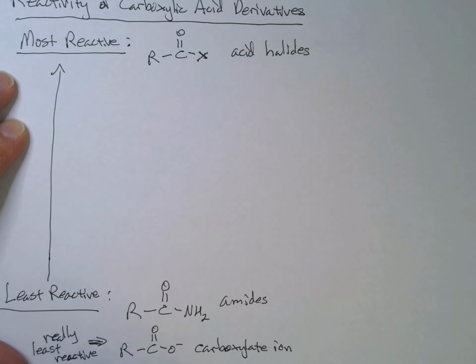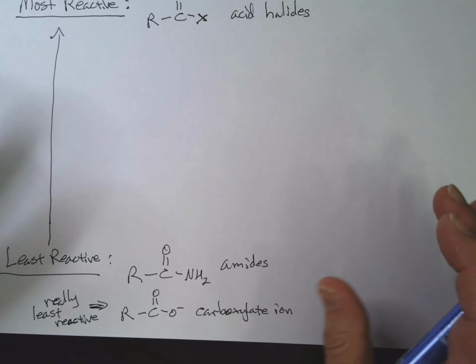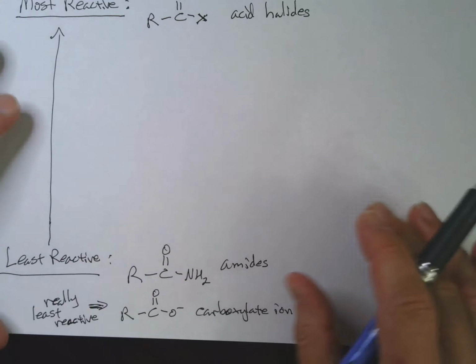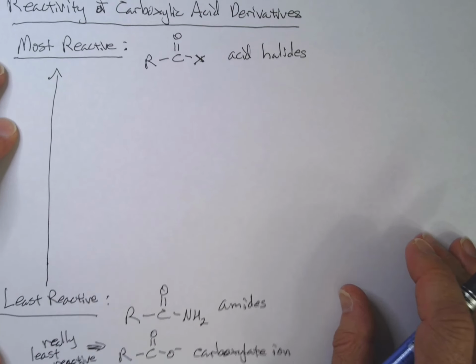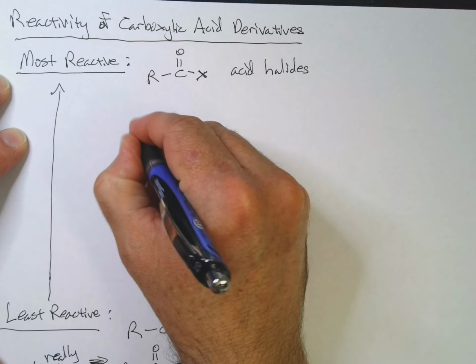So we'll call that the really least reactive. And in the next diagram I draw, I'll show you what I'm talking about here. Less reactive than acid halides are the acid anhydrides.